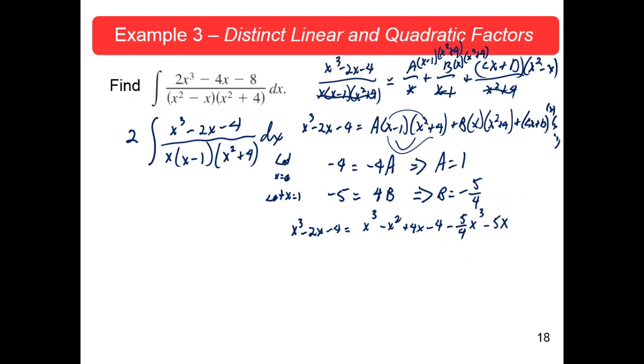You see what I did? The B was minus 5/4, and the x cubed term is just negative 5/4 of x cubed. But then here the 4 will cancel out the 4 down here, so it's minus 5x. Okay.